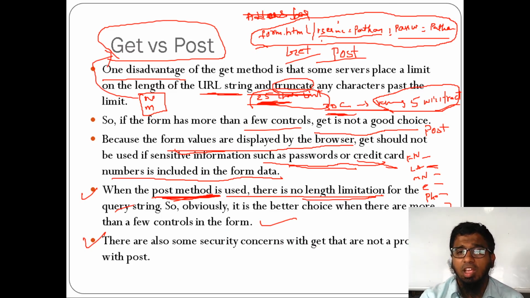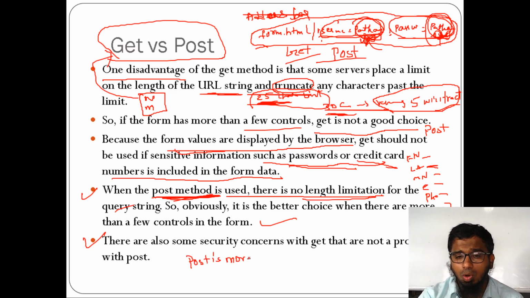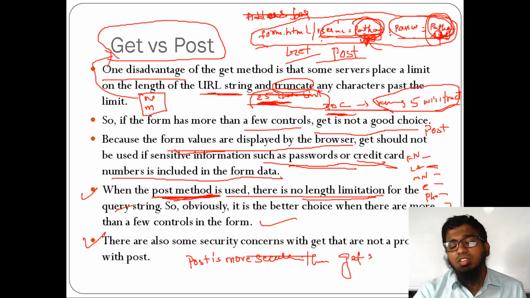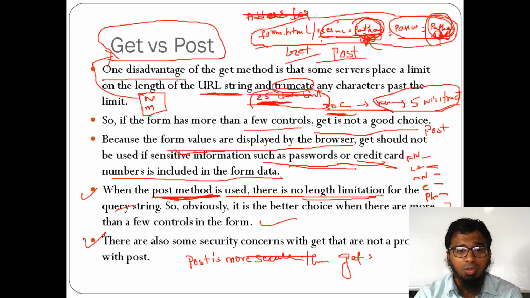As I told you, in get you can see the username and password, but in post you cannot see them in this format. It will be in some different encrypted form, so post is a little more secure than get. So this is get versus post.